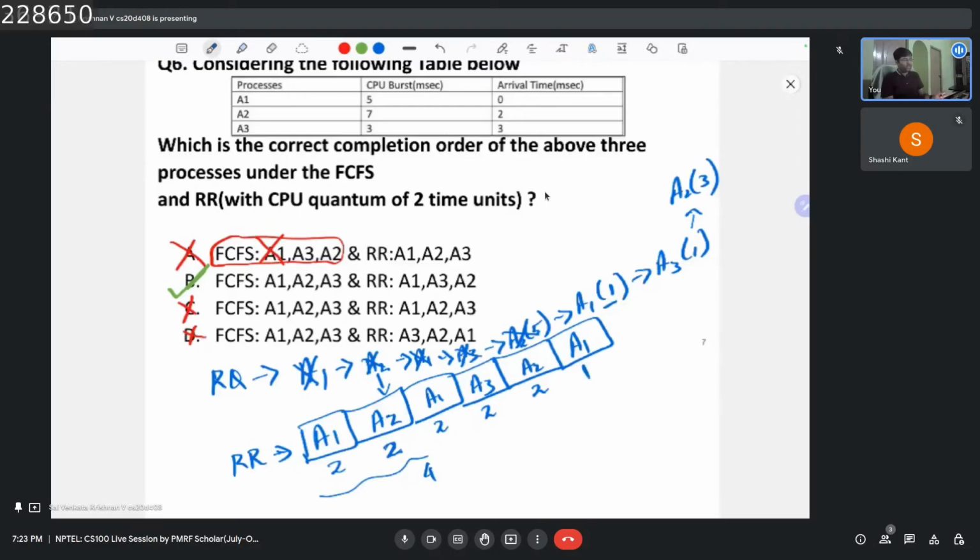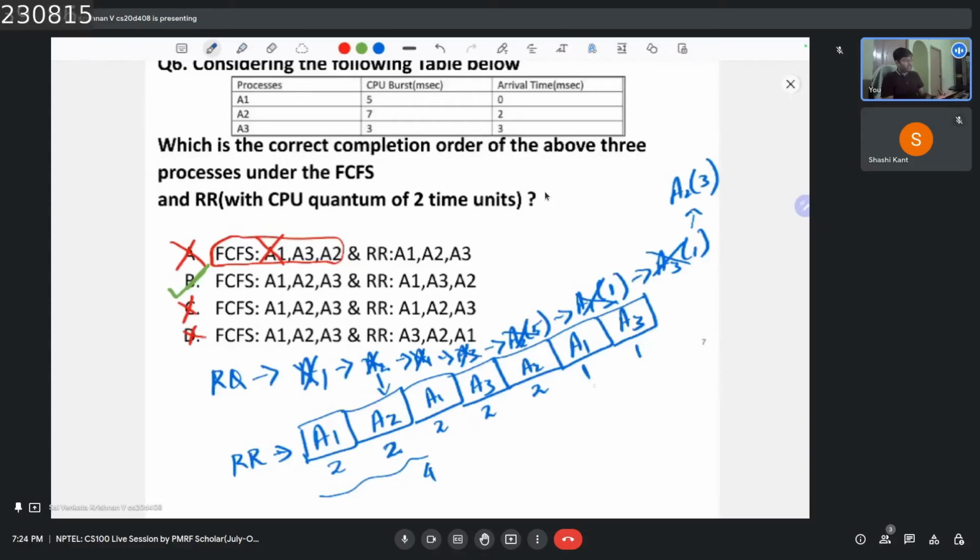So for 1 unit time alone it completes execution, and it doesn't get inserted in the ready queue again, because there is no CPU burst left. Everything is over, so A1 gets deleted from the ready queue, and now A3 again gets scheduled, and within the time quantum just 1 time unit is required for execution, and it finishes and doesn't get added at the end of the ready queue again.